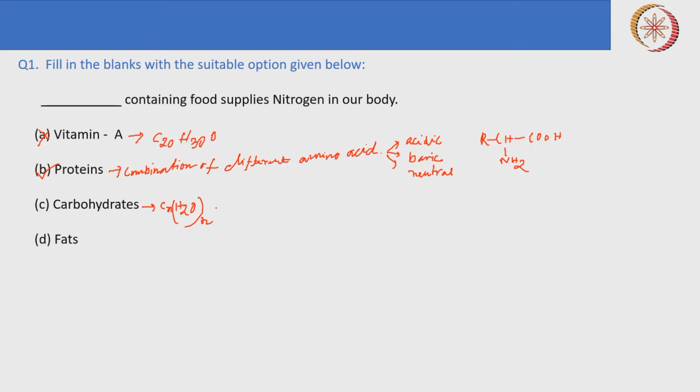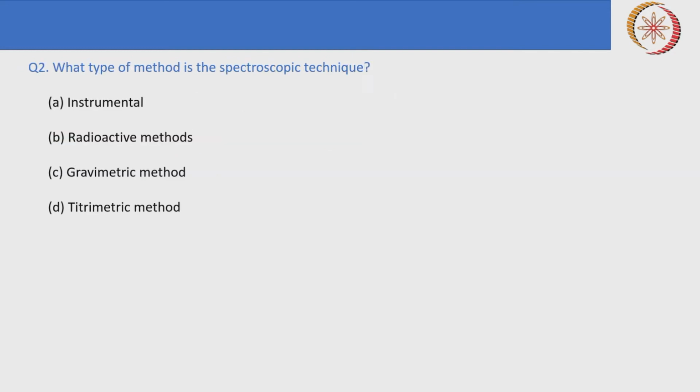Here also there is no nitrogen, so it cannot supply nitrogen. For fat, the general formula is CnH2nO2. So fat also cannot supply nitrogen. So the answer is B. If you have any question, you can write in the chat box. Let's go to the next question.